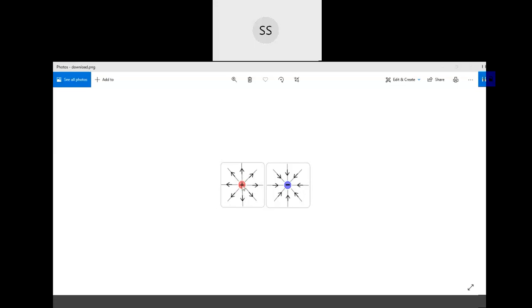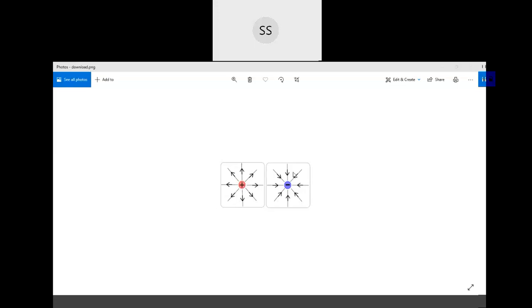Okay, so we can see as we go away from the source charge, the distance between the field lines is more. As you come closer to the source charge, the distance between the field lines is less. So in this kind of areas electric field is more, and as we go away electric field is less.